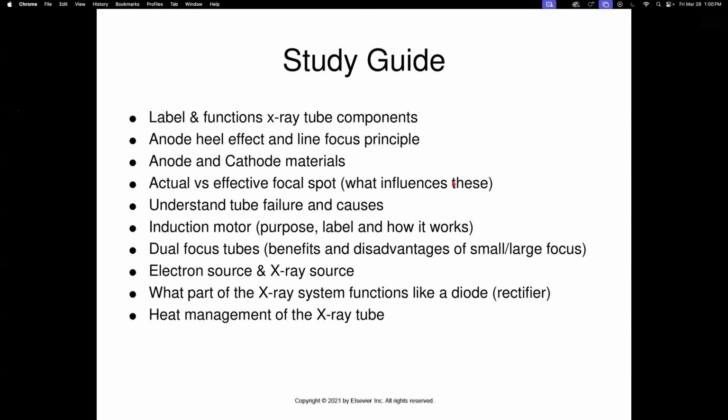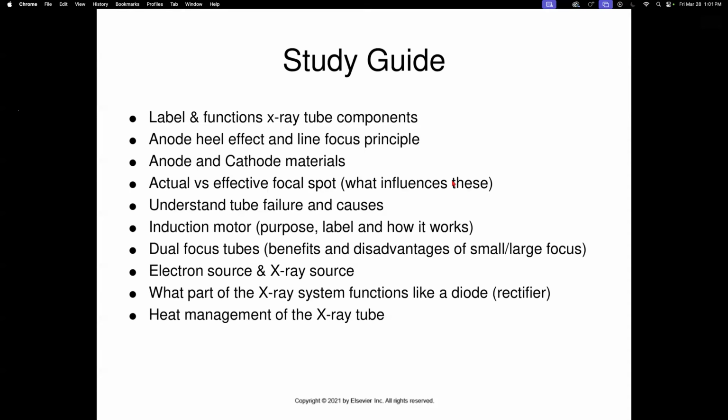All right, so Regina already mentioned the filament or the cathode. So you got to give me one more label of the X-ray tube, Kennedy. I guess the protective housing. Sure. What's a function of that? To prevent electrical shock. What else?